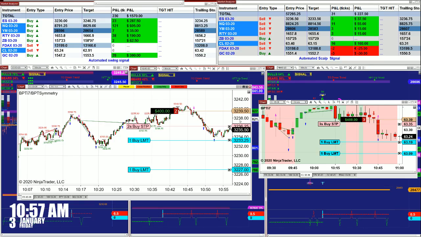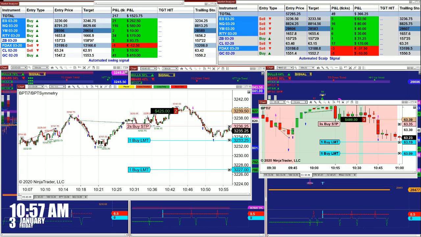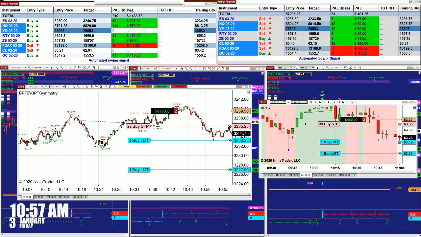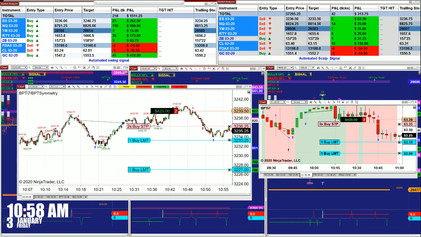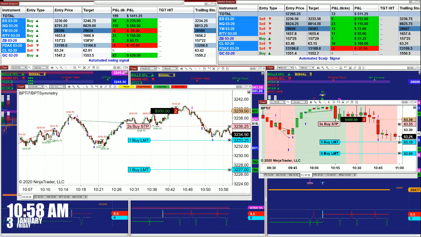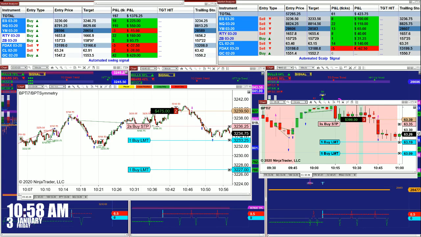So your auto trade is trading with the trend and reversing at the same time. And this is a serious business, guys.